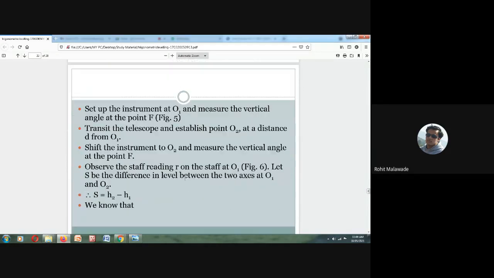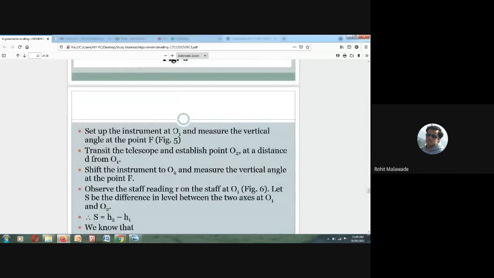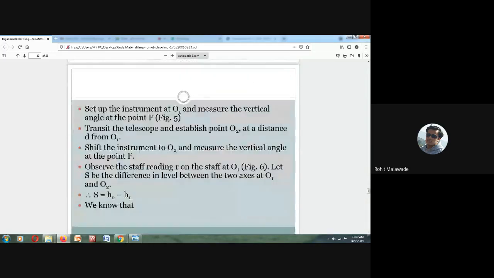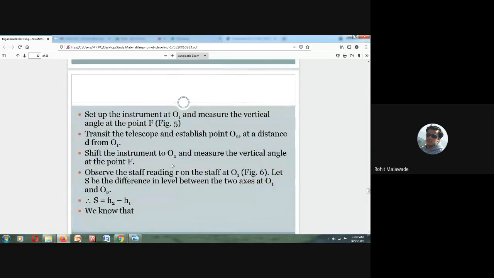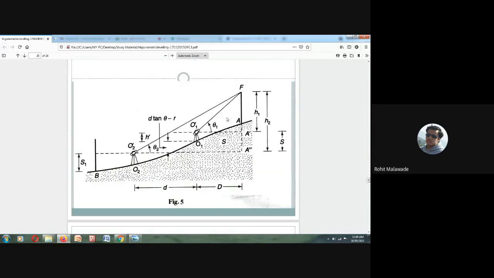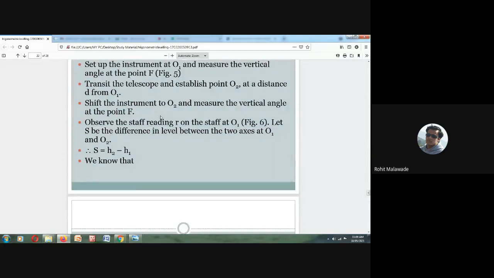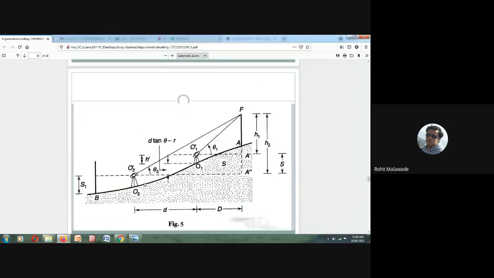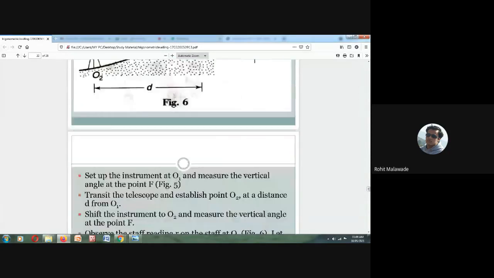Now set the instrument at O1. Here we are going to set the instrument at O1. Then measure the vertical angle at F, that is theta1, and we will note it down. Transit the telescope and establish the point O2.